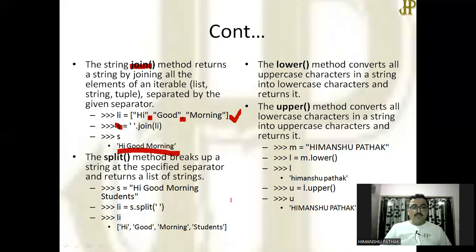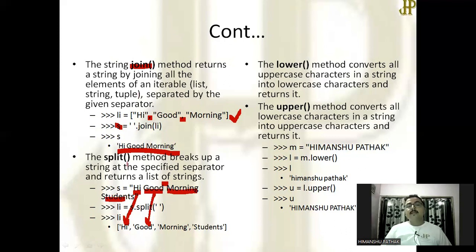So here you can see that hi is the first element of the list. Now a space occurred, so the next element started. Good will be the second element. Again a space is generated, so the next element starts. Now the next element is morning and then student. So there are 4 elements in the list.